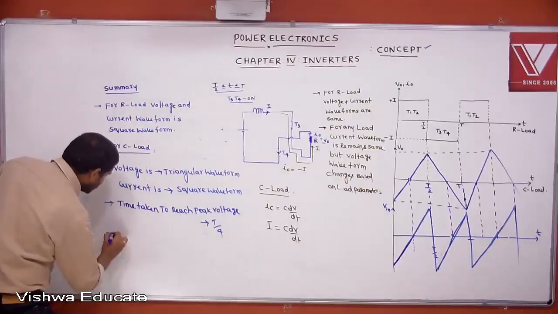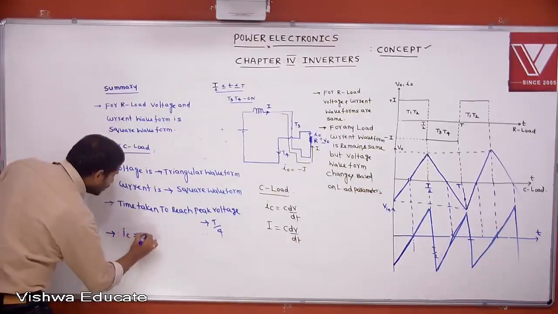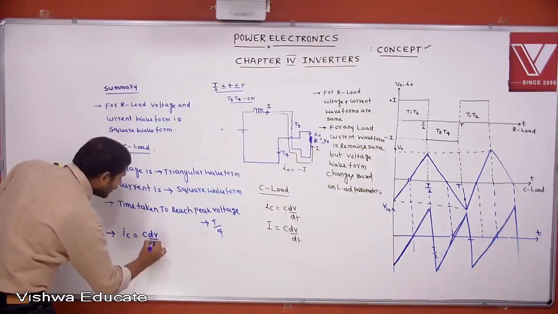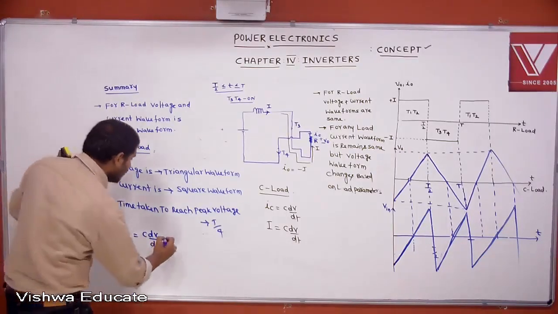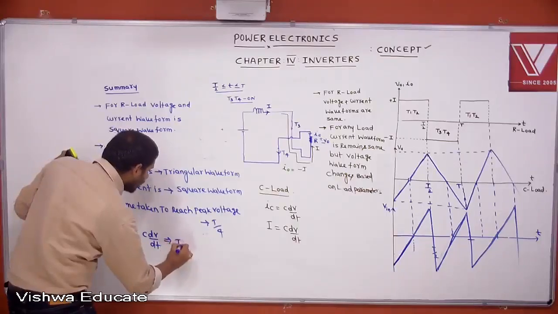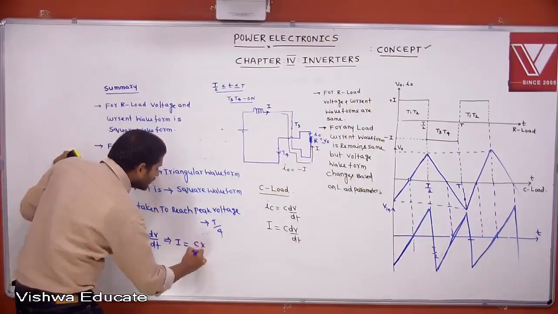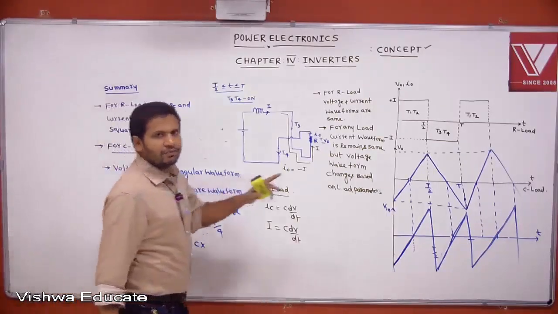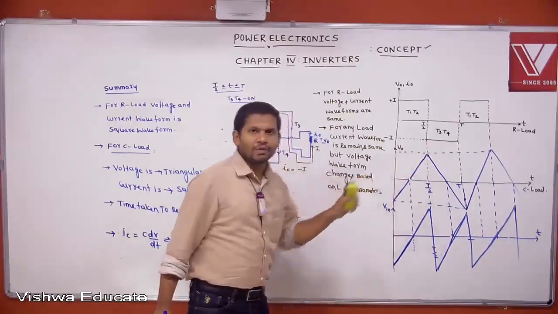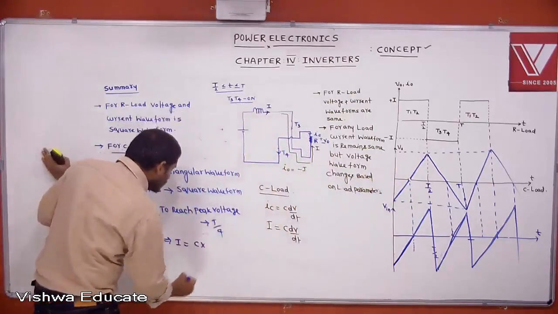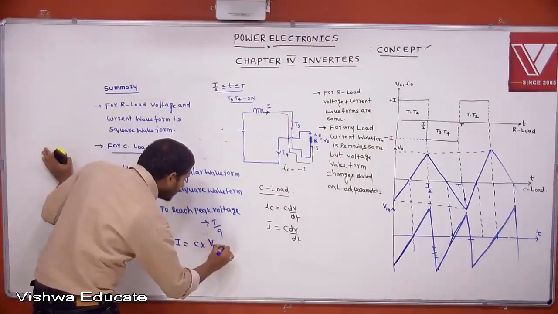Then you know that IC equal to C into dV by dt. So I equal to C into, if the voltage is changing from 0 to peak value, that is Vp minus 0.